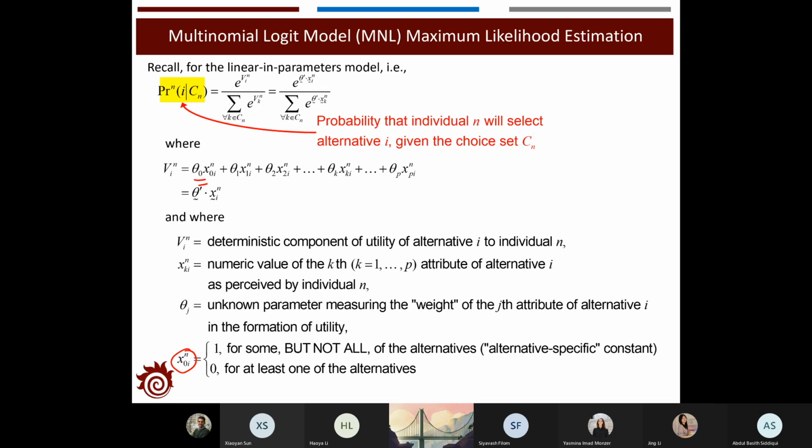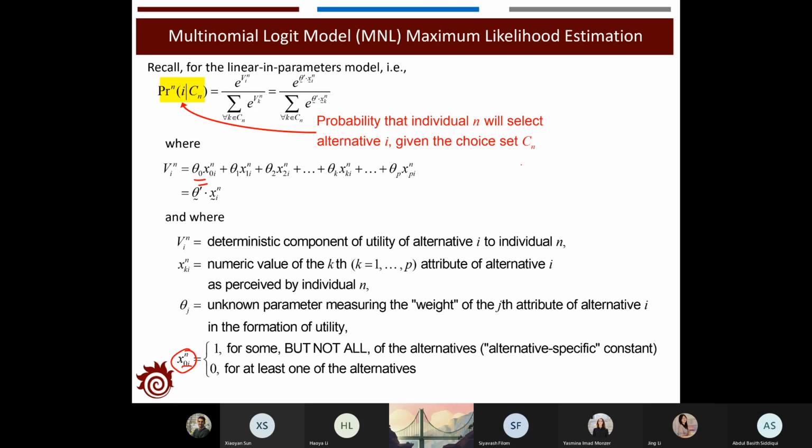So we will skip that component, but we will introduce another constant, which would be x0i, and this one applies to some of the modes.